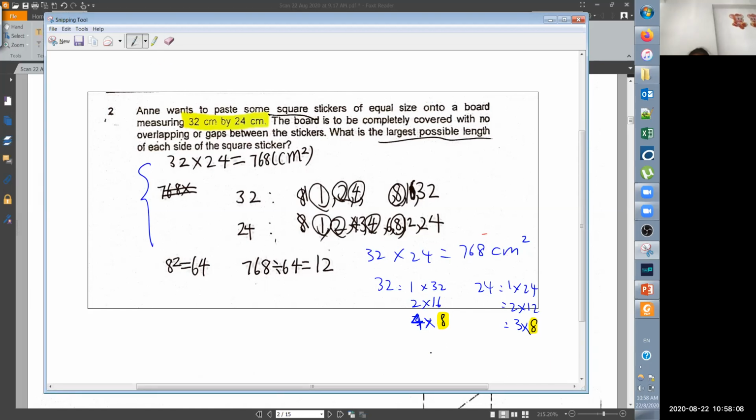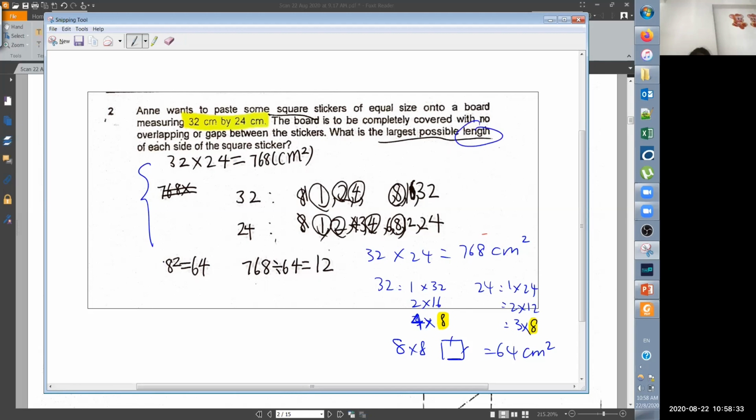So this 8 is the largest possible square length, and then you have 12 of them. They ask what is the largest possible length, so the answer is 8.